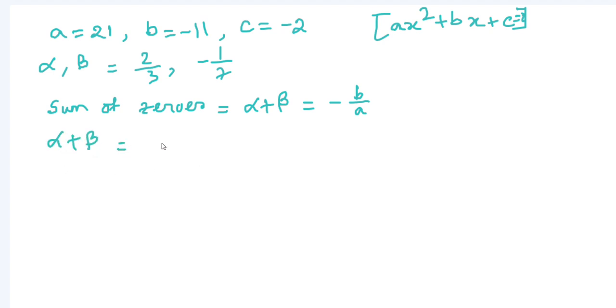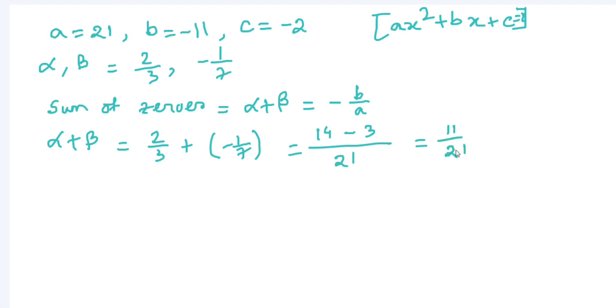Alpha plus beta will be 2 by 3 plus minus 1 by 7. If we take the LCM, 21, it is 14 minus 3, so it is coming 11 by 21. This is our left hand side.